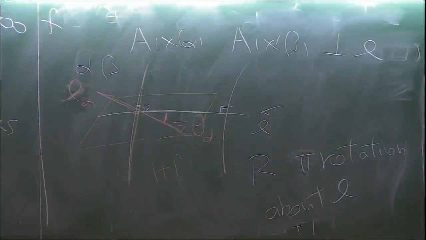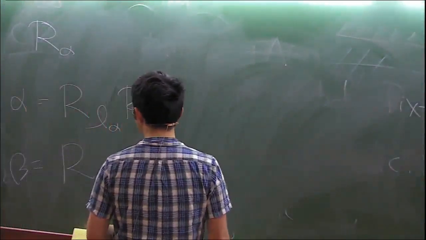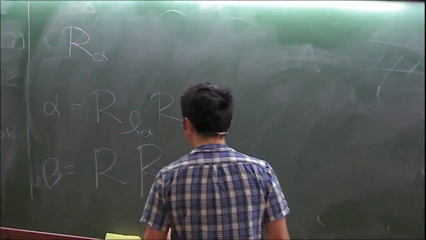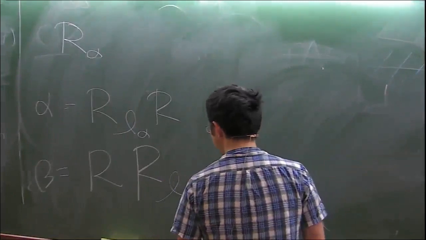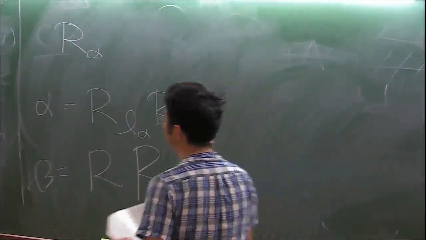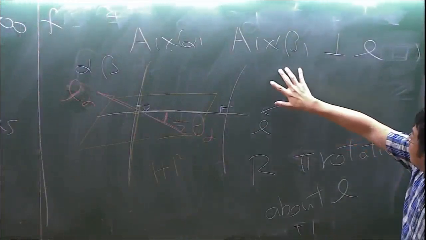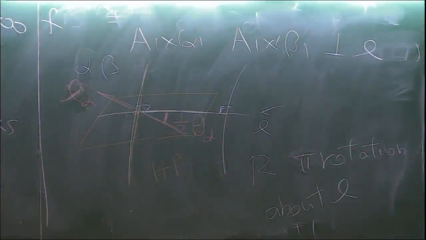On similar things, you do beta equals R alpha, and then R rotation about beta. You do the same thing for beta, and then you get that alpha beta is a composition of pi rotations.